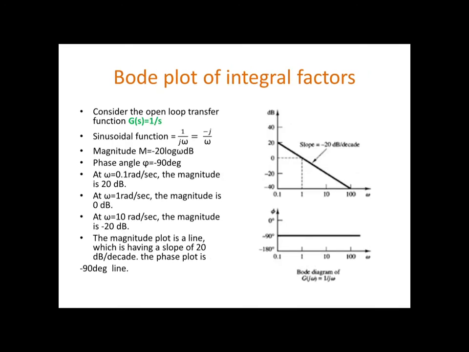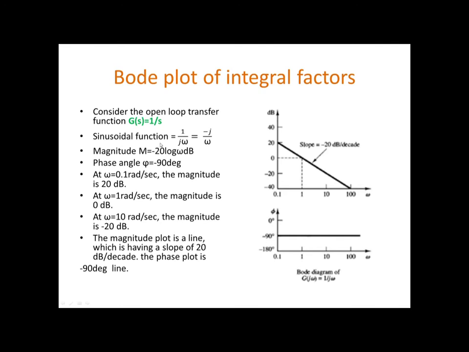So let us take another example, that is the bode plot of the integral factor. Integral factor means there is a pole at origin. Now when the pole is located at origin, I have considered the open loop transfer function as G(s) equal to 1 by s.